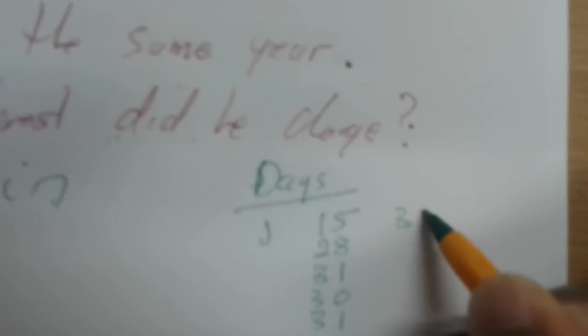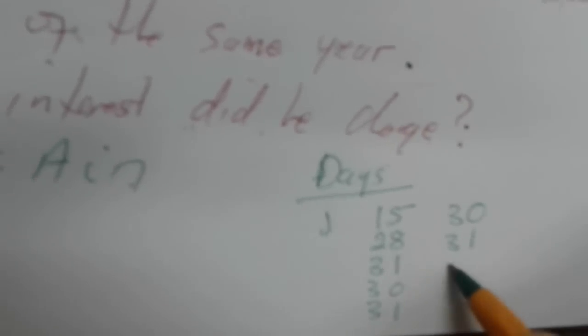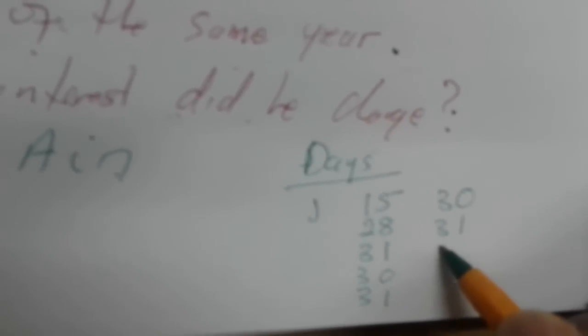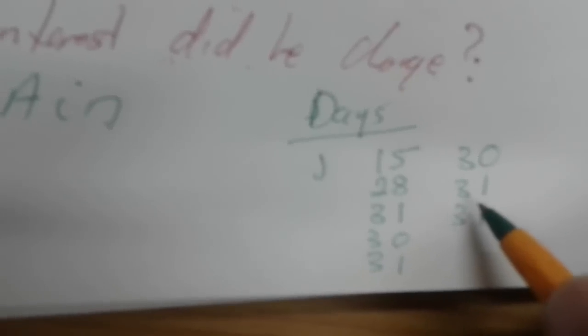May, 31. June, 30. July, 31. And then August, August also has 31, right? And then September, now, we don't count the whole month. Why? Because it's on the 18th. So it will be 18 there. So quickly, let's add our days and see what we get.